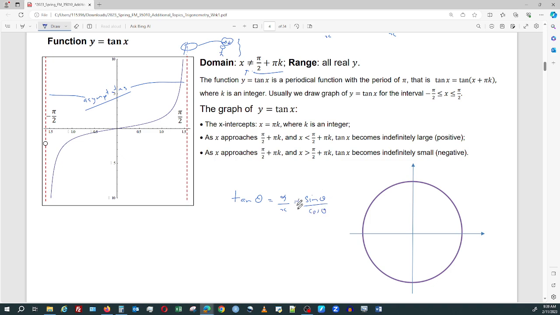In order for this thing to be 0, the numerator has to be 0, which means sine has to be 0. When is sine theta 0? Sine theta is 0 when x is equal to... so sine again is the y.